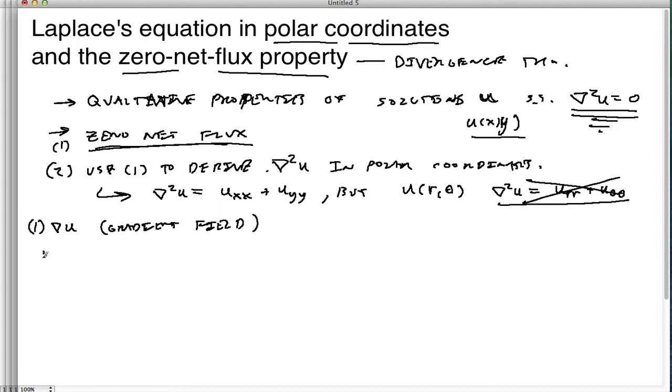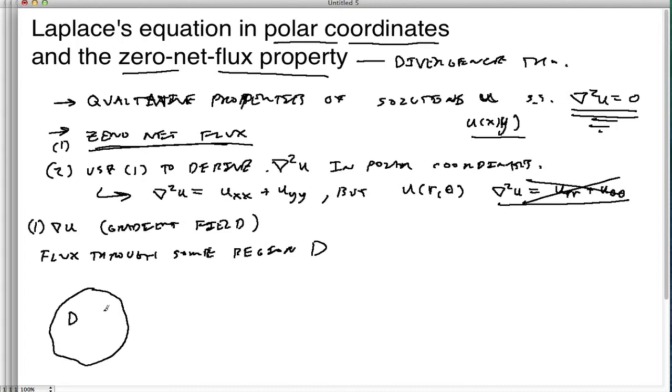We want to talk about the flux through some region D.